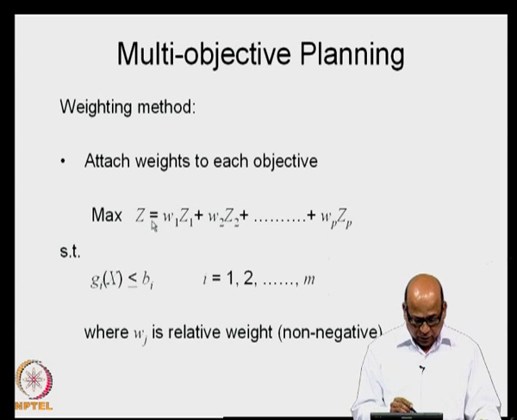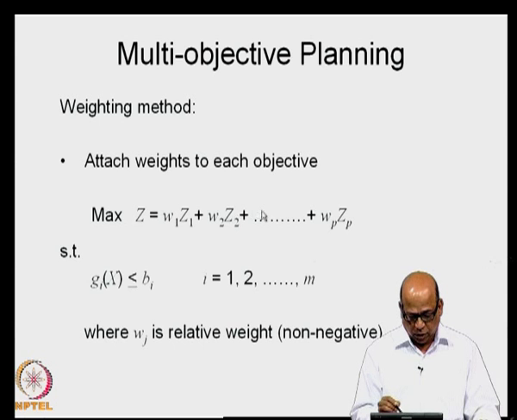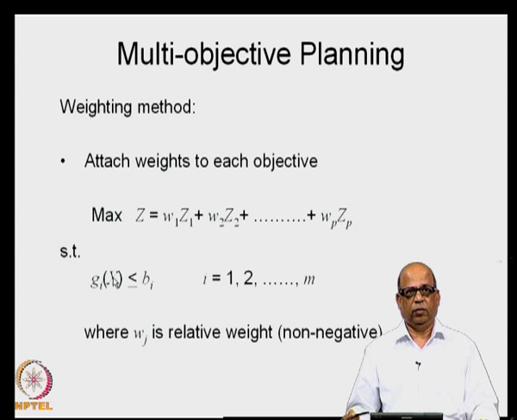So, you assign the weights and then solve the optimization problem. Let us say Z1, Z2, etc., are the objectives, all of which will be functions of the decision vector x. Z1 is a function of x, Z2 is a function of x, and so on. And therefore, this optimization problem can be solved by solving for the decision vector x.